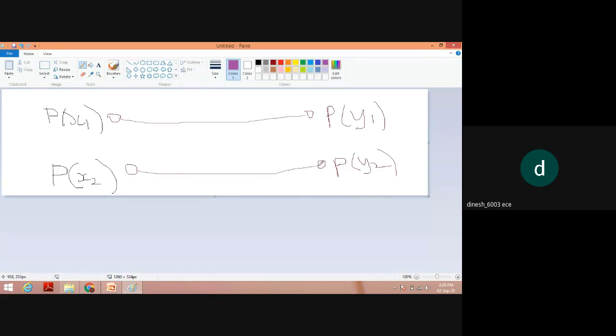Though my line might not be straight, the direction should always be from x to y. We are drawing the diagram for that. This is the arrow mark.